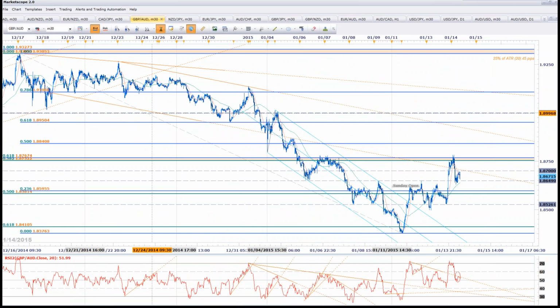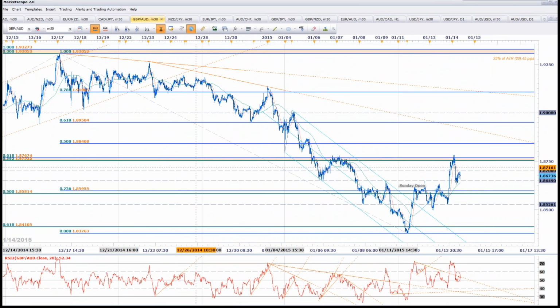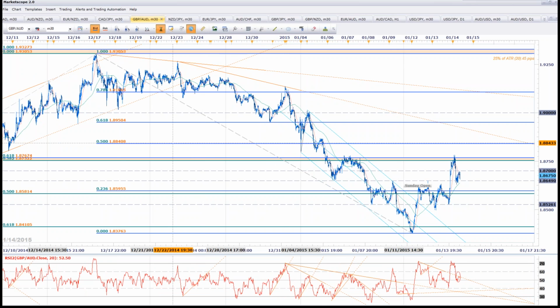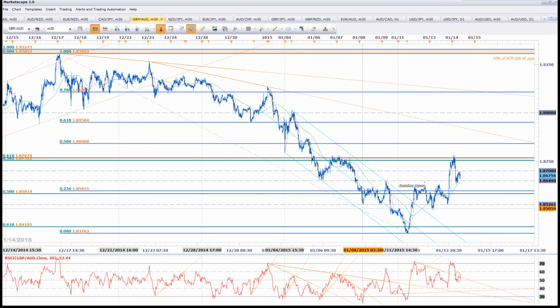Okay, so let's clean up this chart. Bear with me one sec, guys. Let's just get some fresh levels on here. Sorry, guys, a bit of a lag here on my PC, so just bear with me one moment.